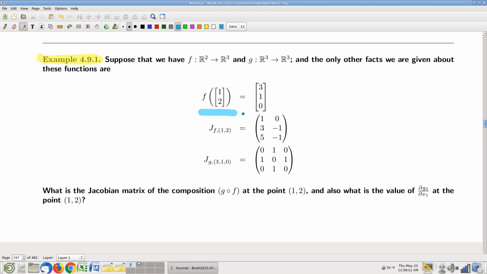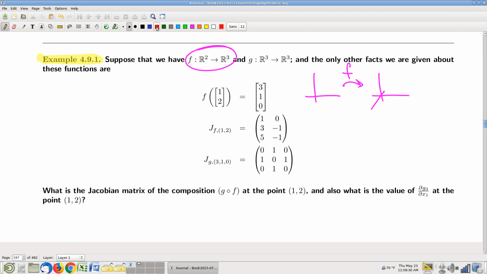Notice that f of (1, 2) is (3, 1, 0). Let's draw a little bit of a picture here. From R2 to R3 is what f does.